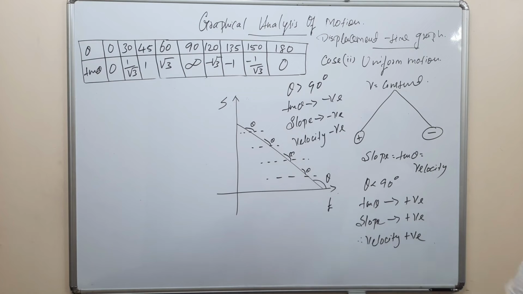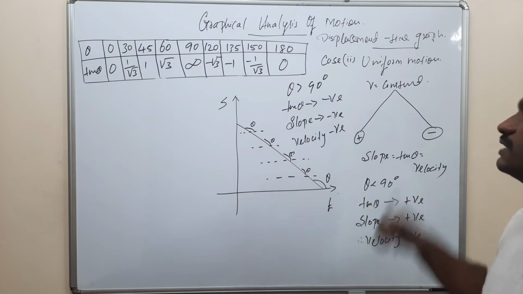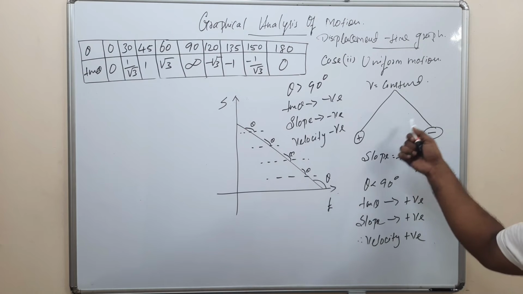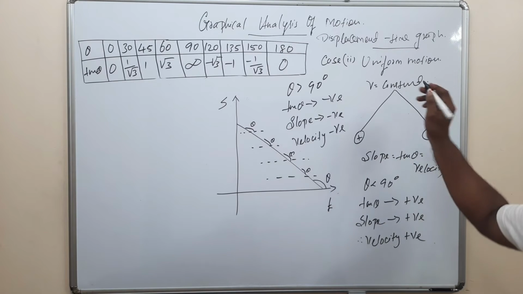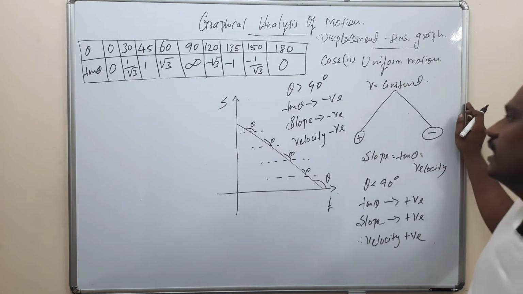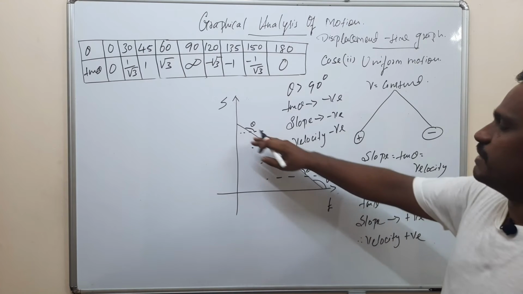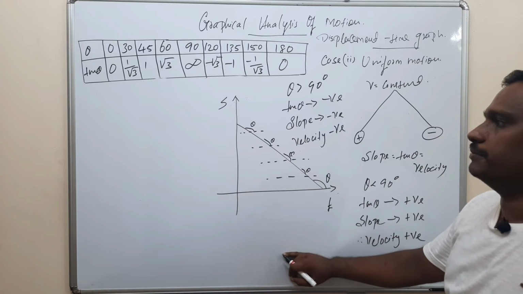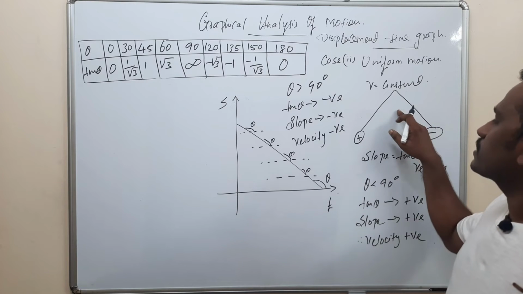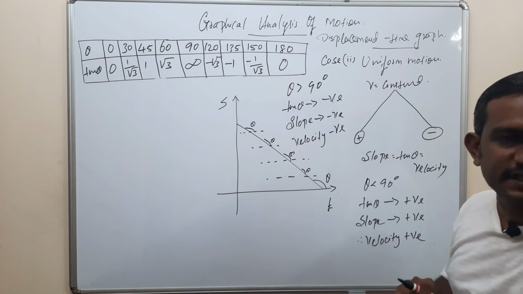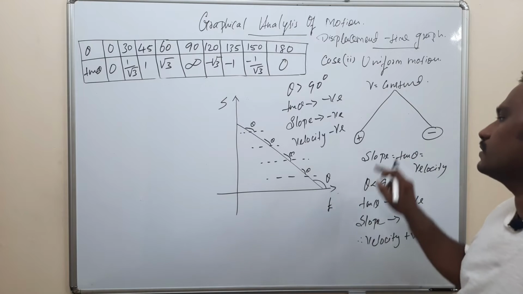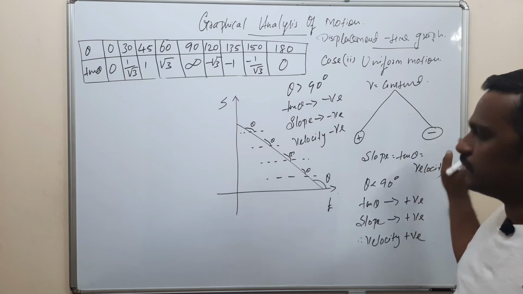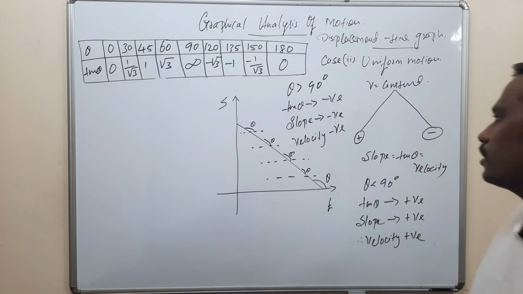So therefore velocity is constant. Clear? So velocity is equal to positive. So this is the displacement time graph for uniform motion. Uniform motion means velocity constant, and velocity constant means it may be positive or negative.